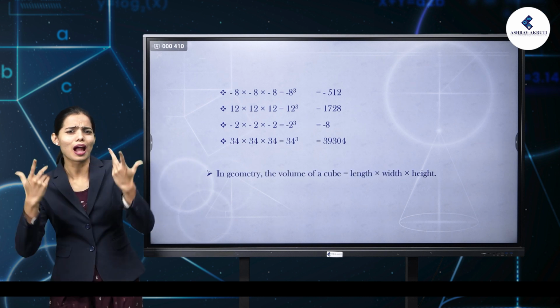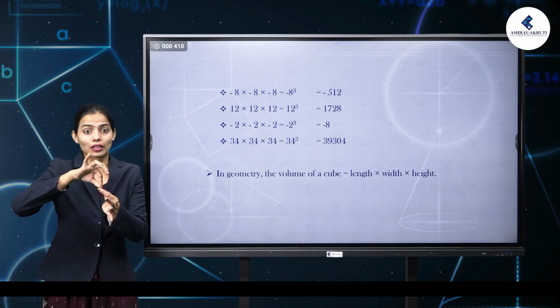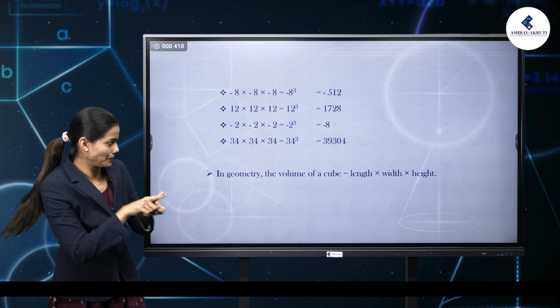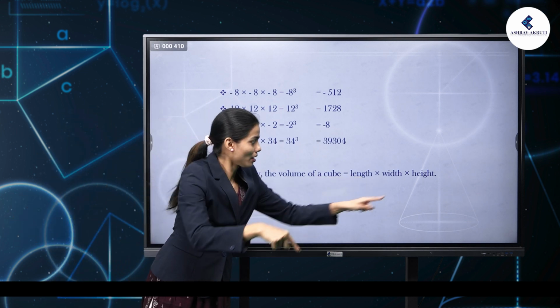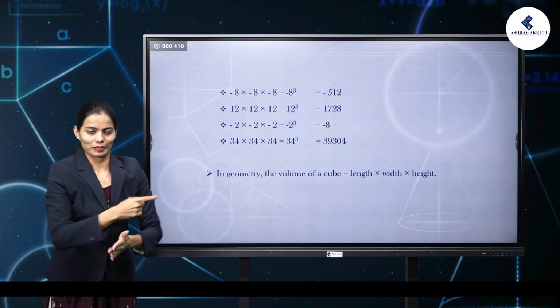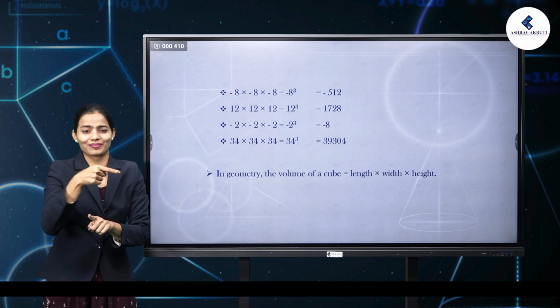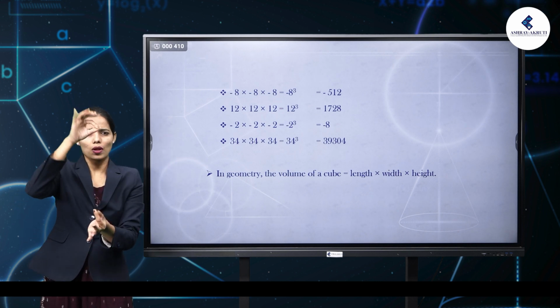In geometry, the volume of a cube is equal to length into width into height. Since it's a cube, the length, width and height are all equal in the cube.